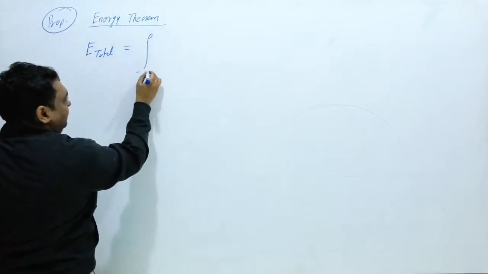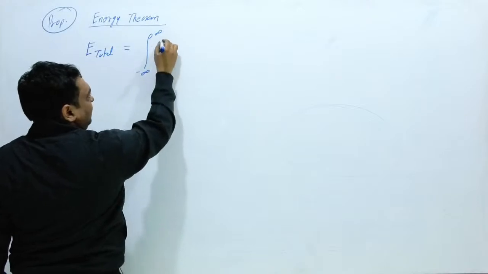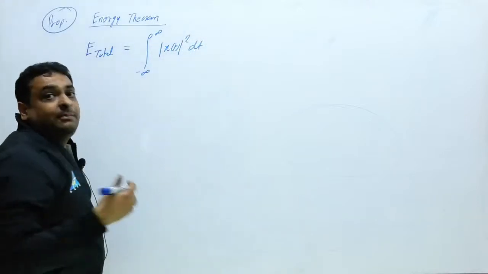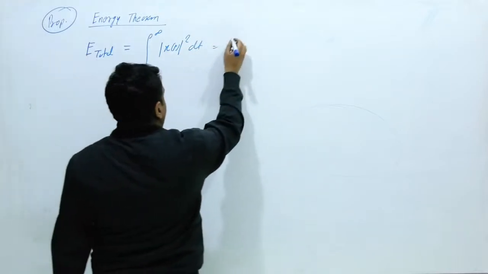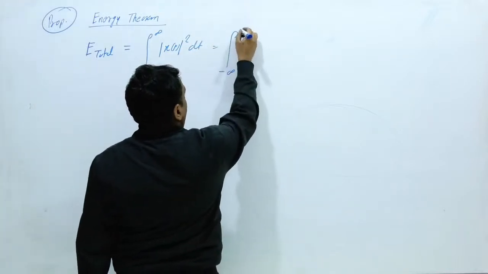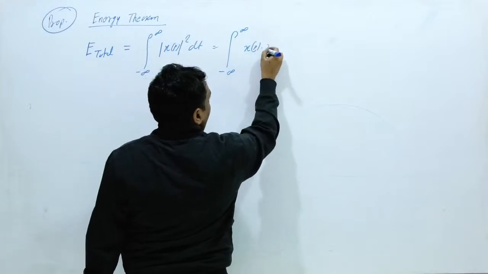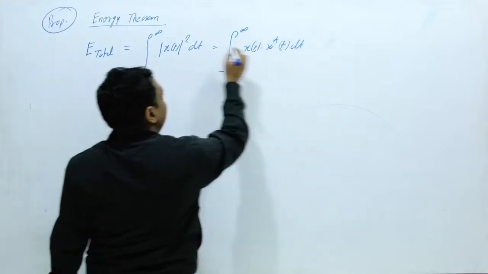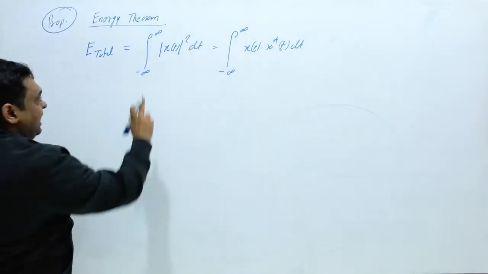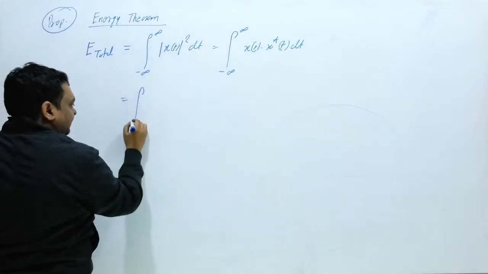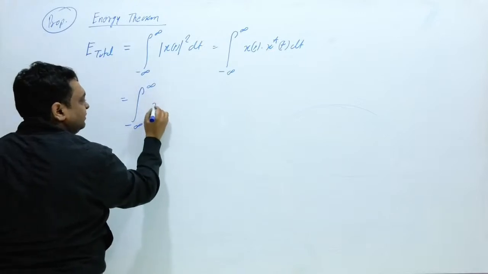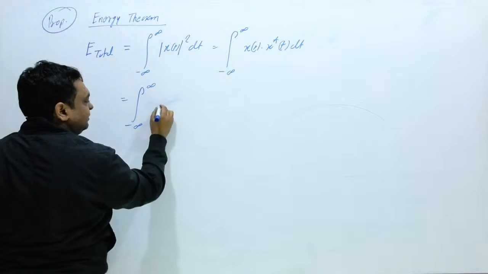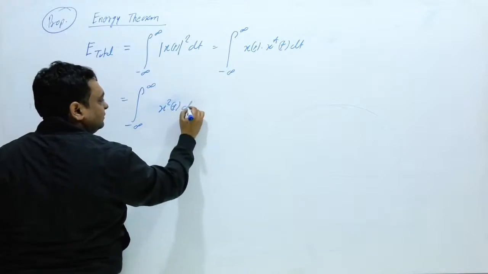This is nothing but the integral from minus infinity to infinity of mod of x(t) whole square dt in time domain, which is x(t) multiplied by x conjugate(t) dt. And if the signal is real, you can write it as the integral of x square(t) dt.